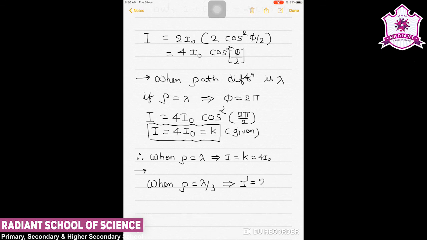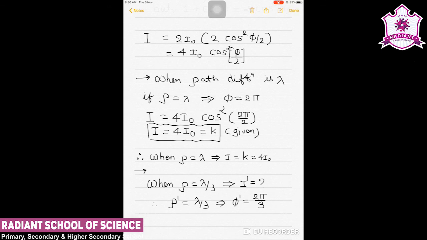This is our question. So obviously when p is lambda by 3, the phi dash will be 2 pi upon 3.